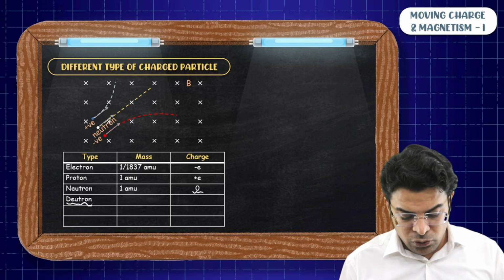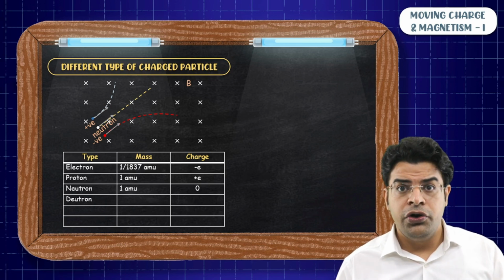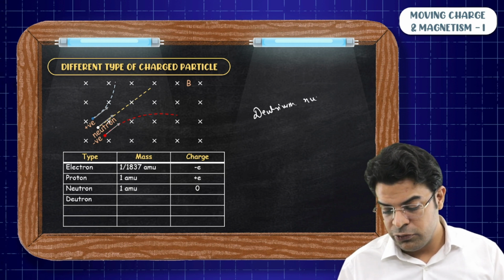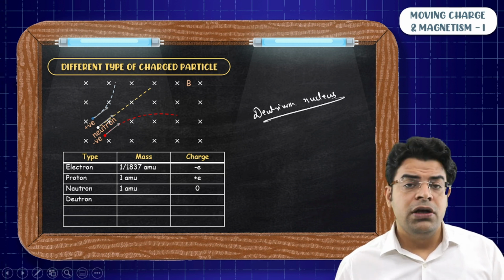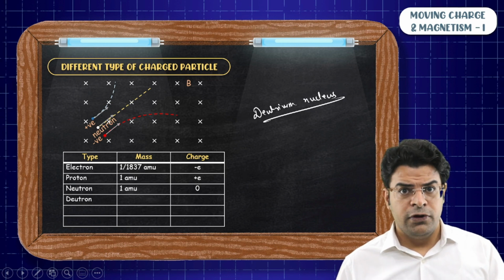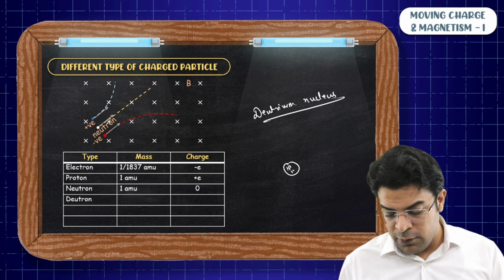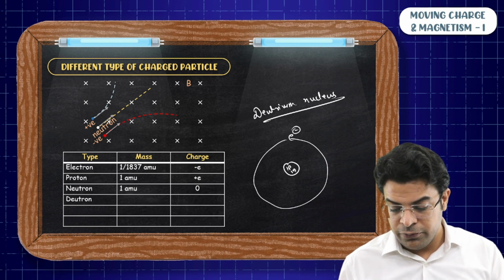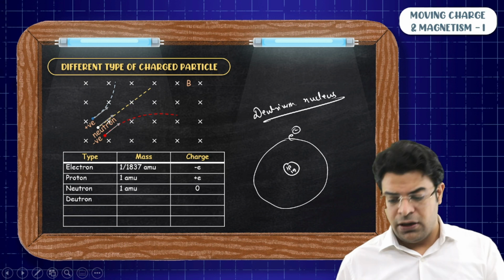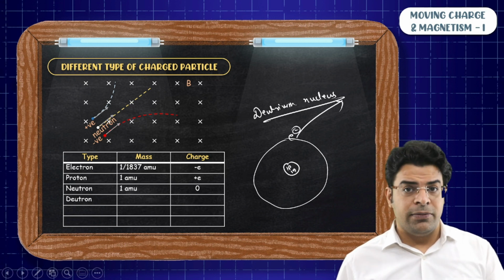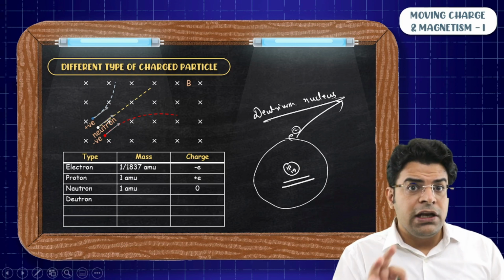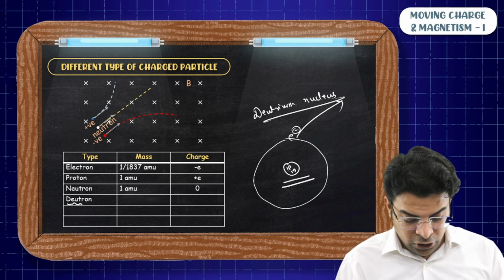Next we have the deuteron. What is a deuteron? A deuteron is the deuterium nucleus. What is deuterium? The isotope of hydrogen which has one proton and one neutron in the nucleus, and one electron revolves around it. If you excite the electron so that it leaves the atom, what you are left with is the nucleus, and the deuterium nucleus is called a deuteron.